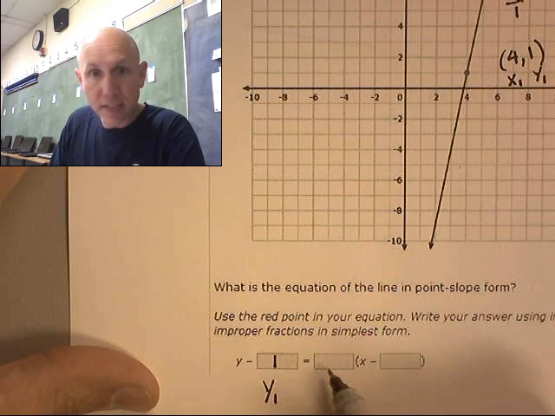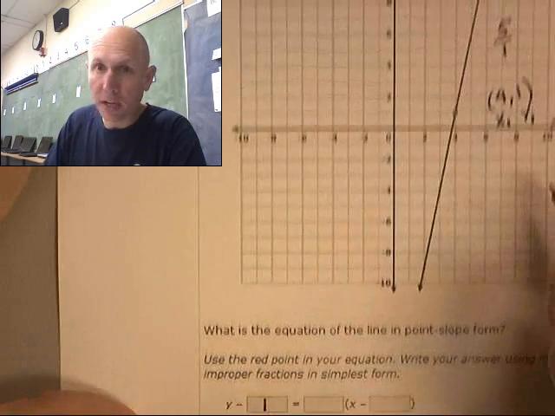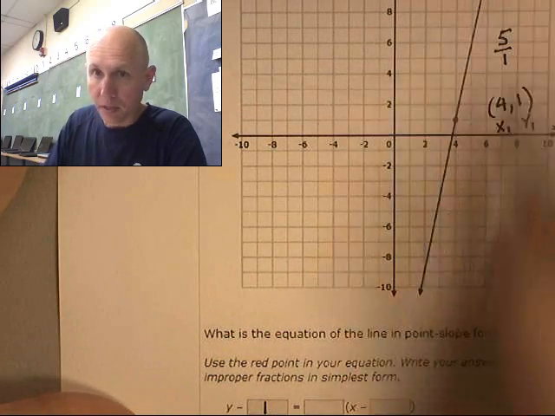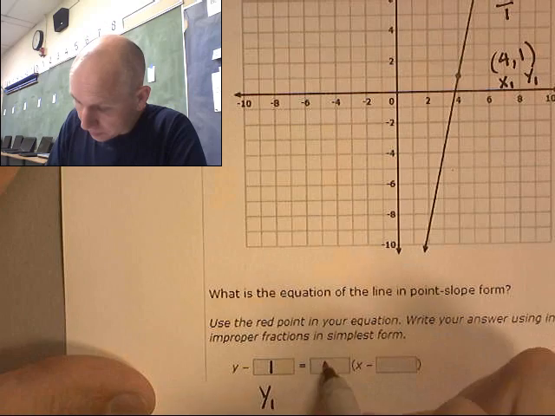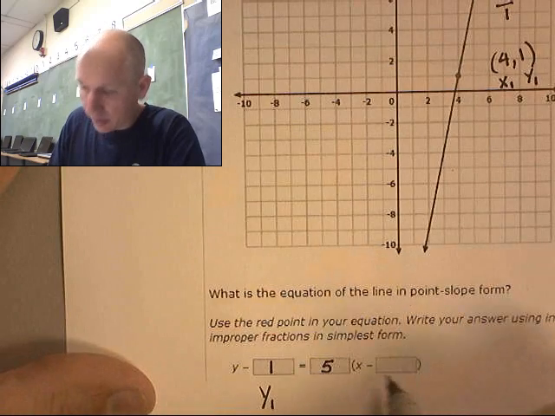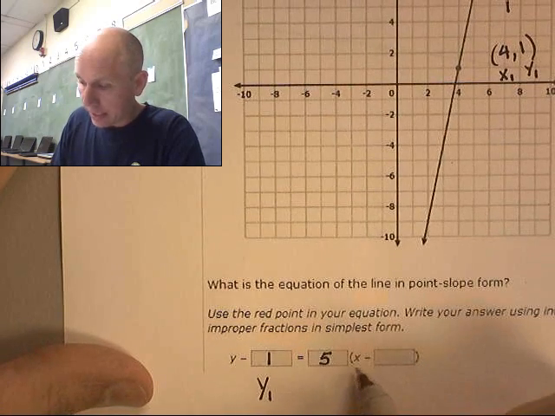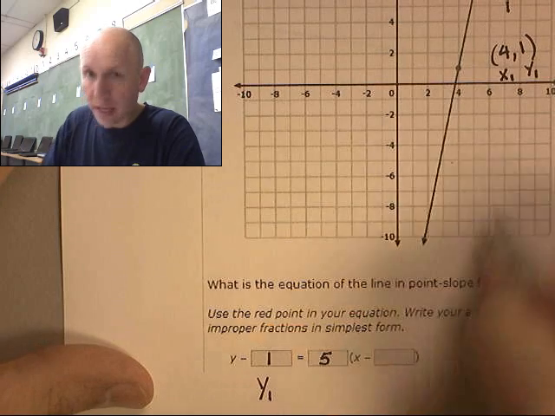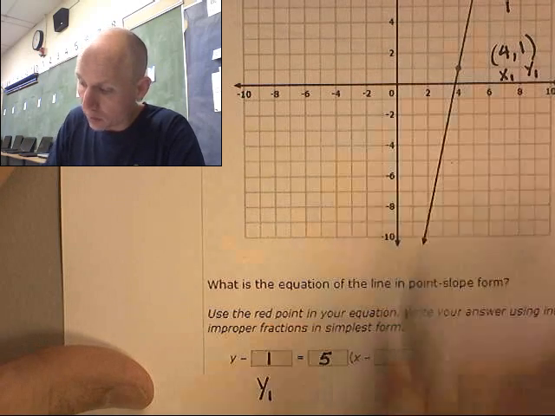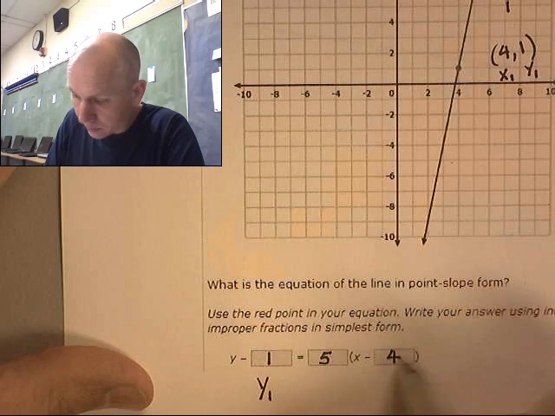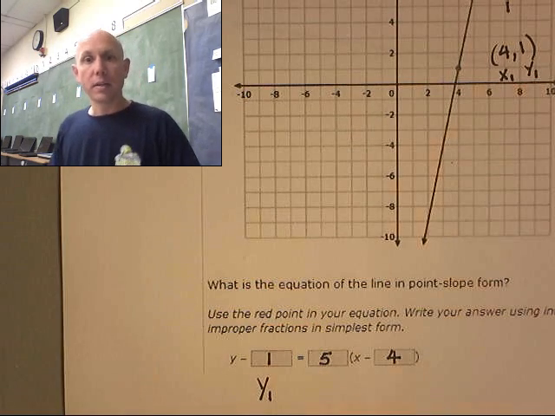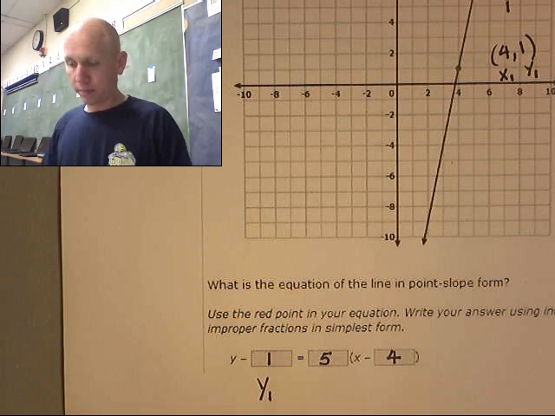Equals, the next thing I need is the slope. Well, the slope we figured out was 5. So I'm going to put the slope in, times parentheses, x minus x sub 1, and x sub 1 is 4, so I'll plug that in right there. And there's not a boom boom.